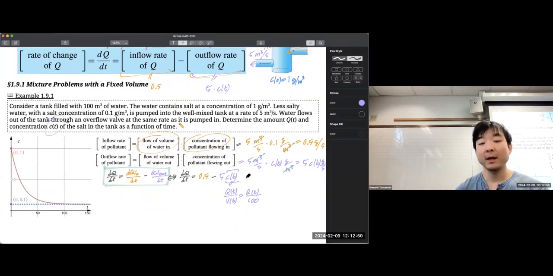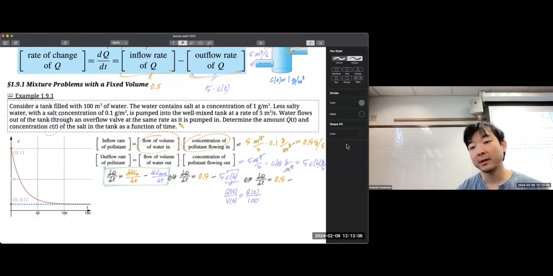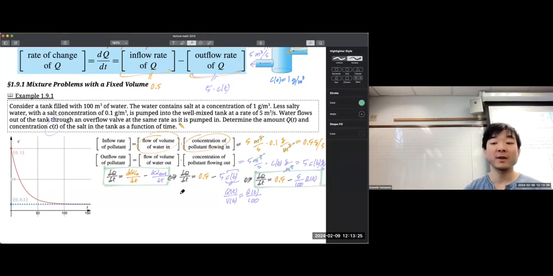Then you'll end up getting a differential equation that looks essentially the same, but you'll have 5 over 100 times Q of T. It's just this 100 and this 5 being multiplied with this Q of T. This will be the differential equation we want to solve, and we're solving for Q. Of course, 5 over 100 is just 1 over 20.